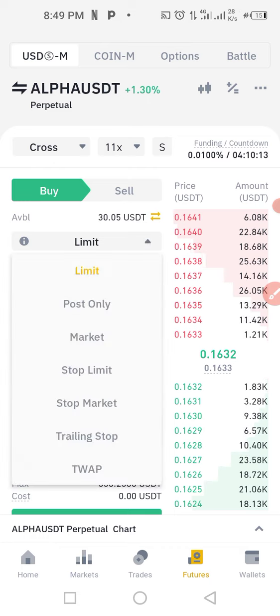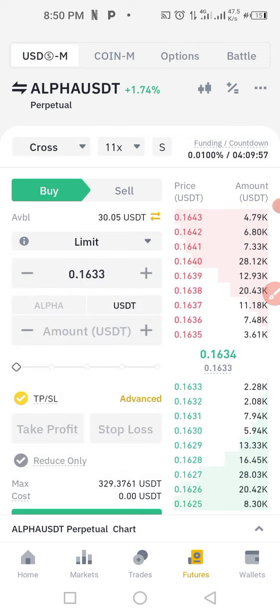Then we have the limit order. We have the post only. We have the market order. We have the stop limit. Now, the limit order here, if you select limit order, it means that you can adjust your entry price. For example, the current price for this is 0.1636 here.